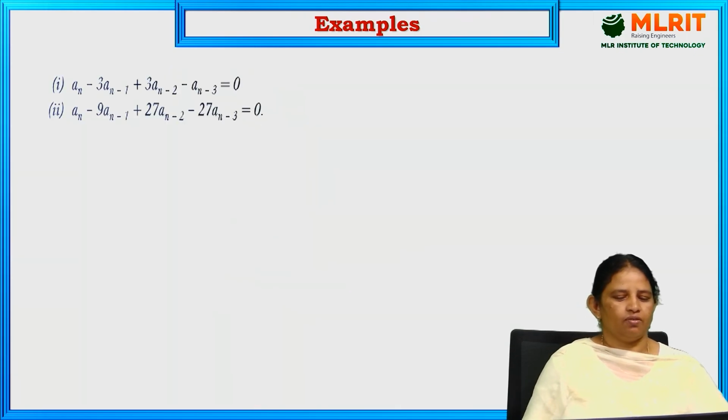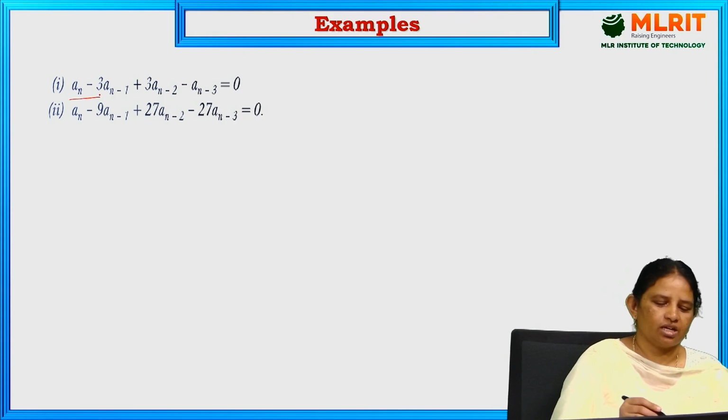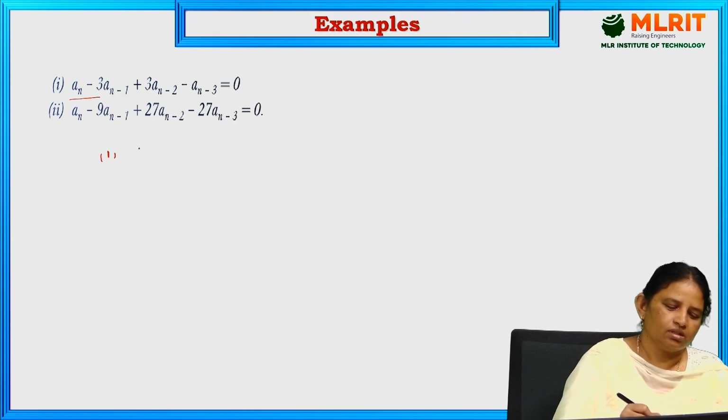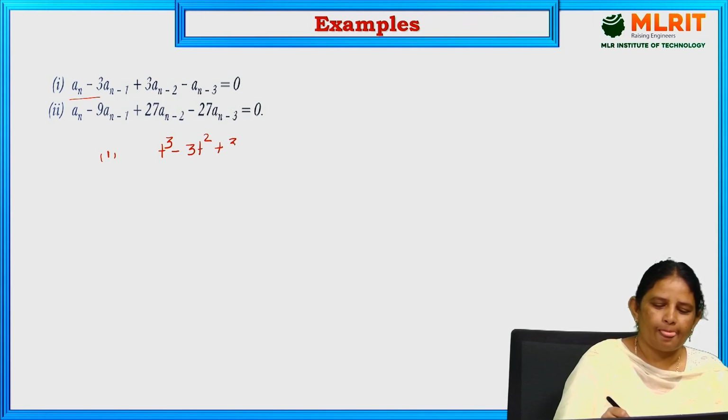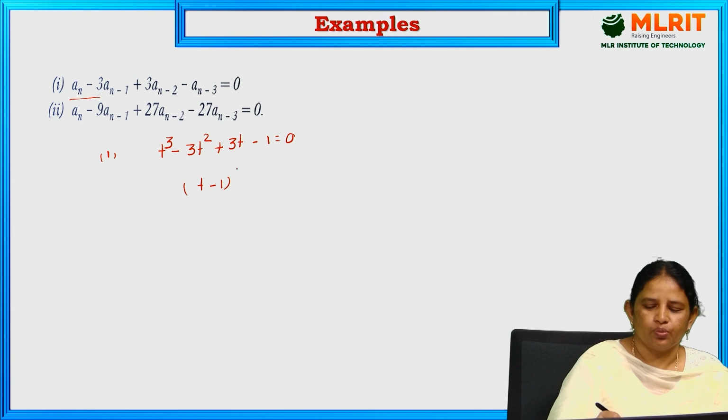Next, find the solution for the recurrence relation with t cube minus 3t square plus 3t minus 1 equal to 0. Then we get t minus 1 whole cube.